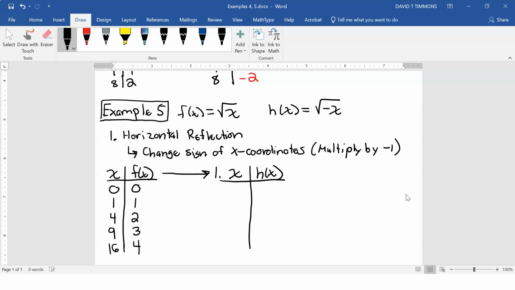Now here we're only changing the x coordinates. So in this case, I can copy the y coordinates. And now we're just going to really multiply these values by minus 1. So of course 0 will stay 0. This will be minus 1, minus 4, minus 9, and minus 16.